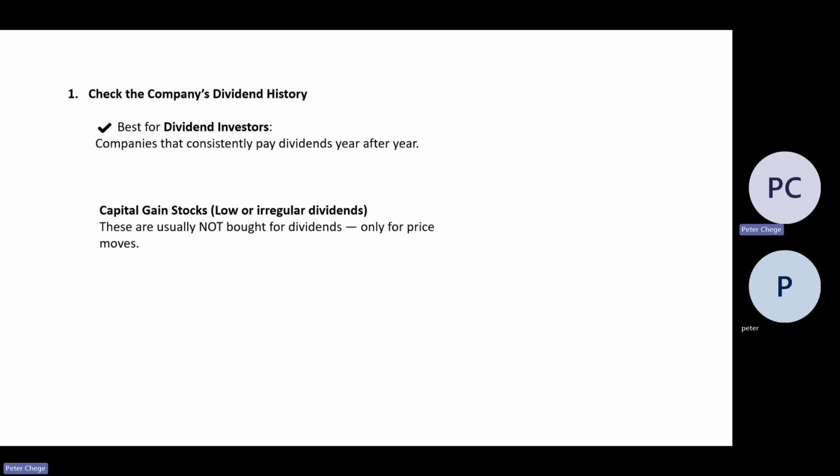For good dividend stocks, you want to buy shares that consistently pay dividend year after year. You don't want those who pay once, because that dividend could be maybe from an asset that was sold. For capital gains stocks, you want to check on the price, the shares that are low in price, and also those which have irregular dividend.